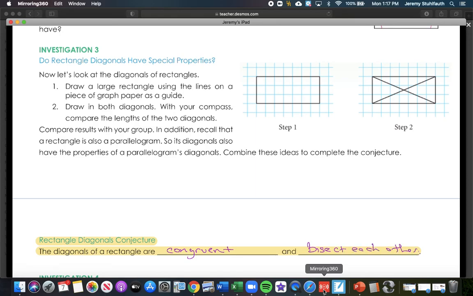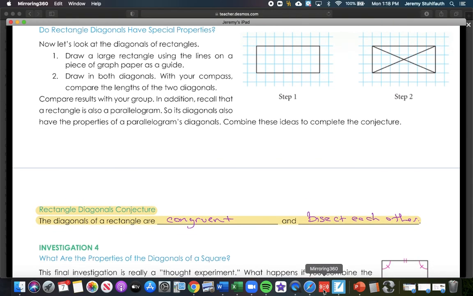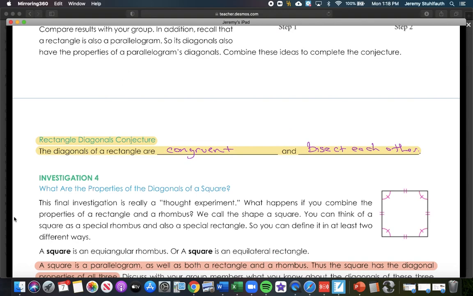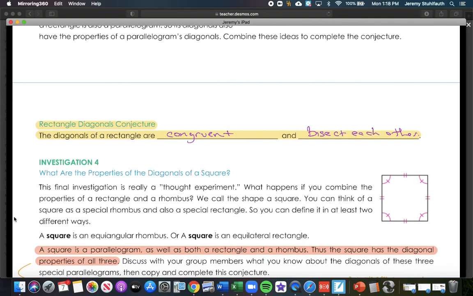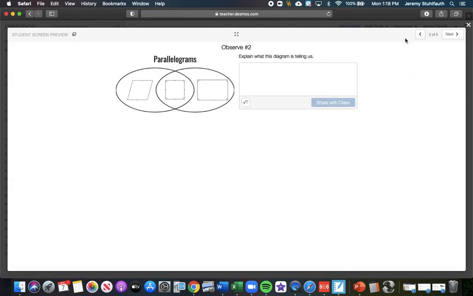Okay. Now, what we're going to do last is look at squares. We're going to look at squares without looking at a picture, without using Desmos. But before we attempt this, I want to go back to this diagram right here.